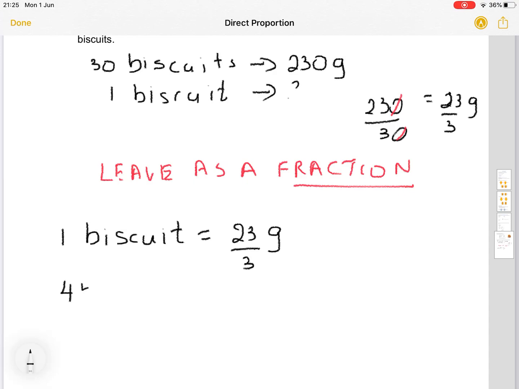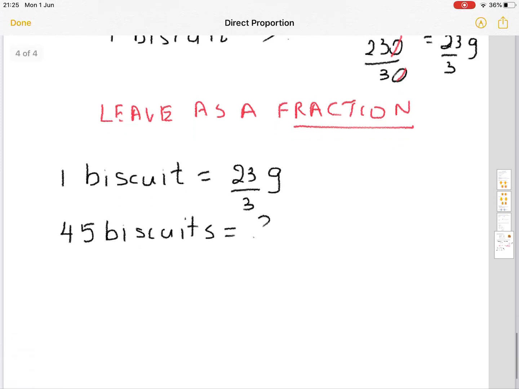For 45 biscuits, how much flour do I need is equal to how much? When I know the value of 1, to find the value of many, remember that I multiply. So I multiply the value of 1, 23 all over 3, times the 45. Now I can cancel.